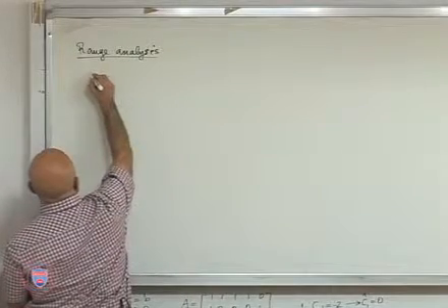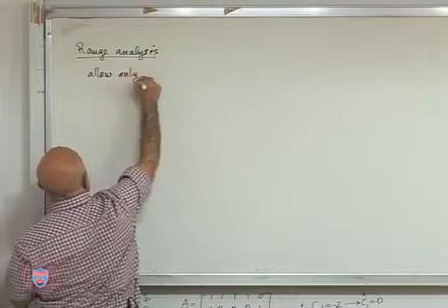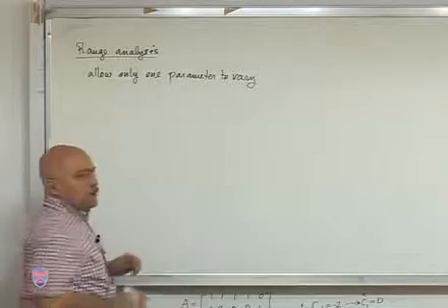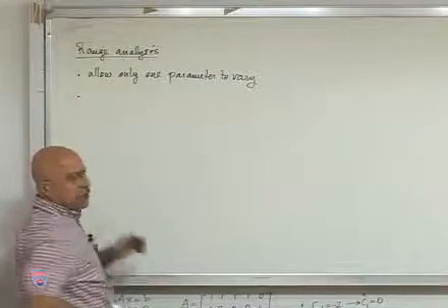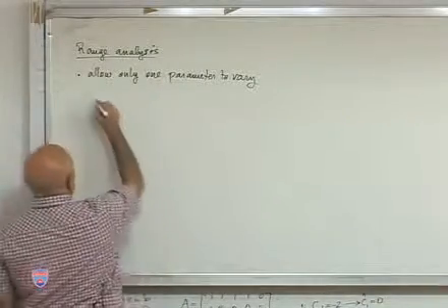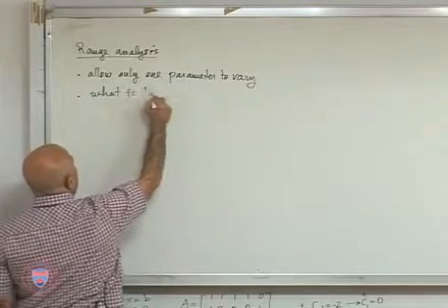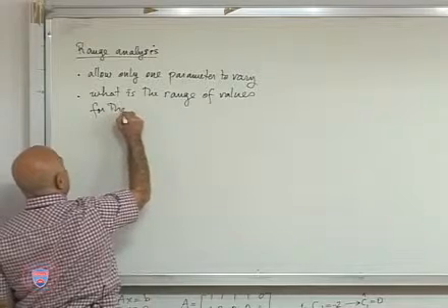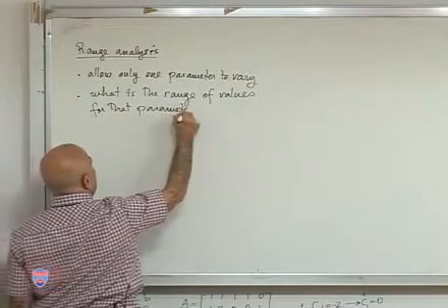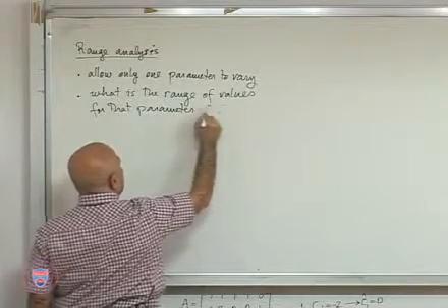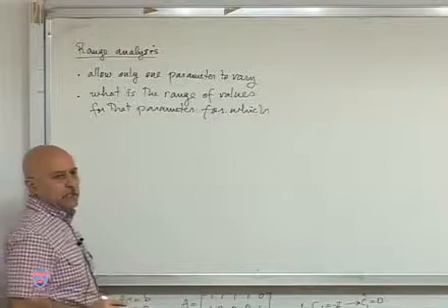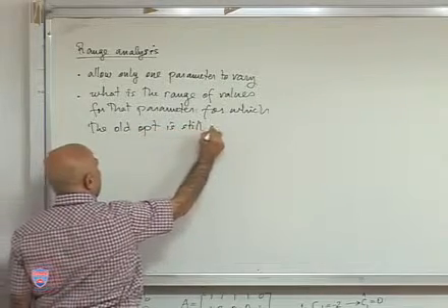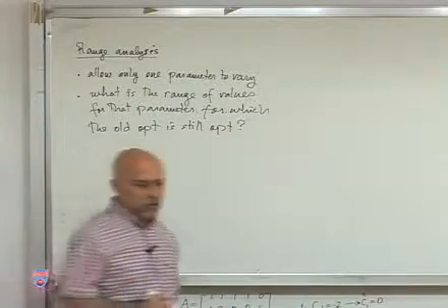So, allow only one parameter to vary, and then ask yourself the following: with all other parameters fixed at their old values, what is the range of values for that parameter for which the old optimum is still optimal? That's the question you're trying to answer.